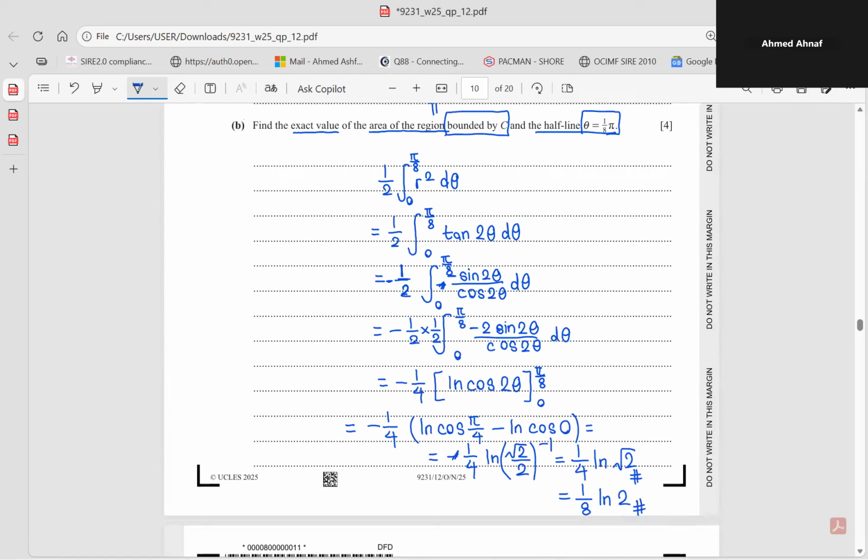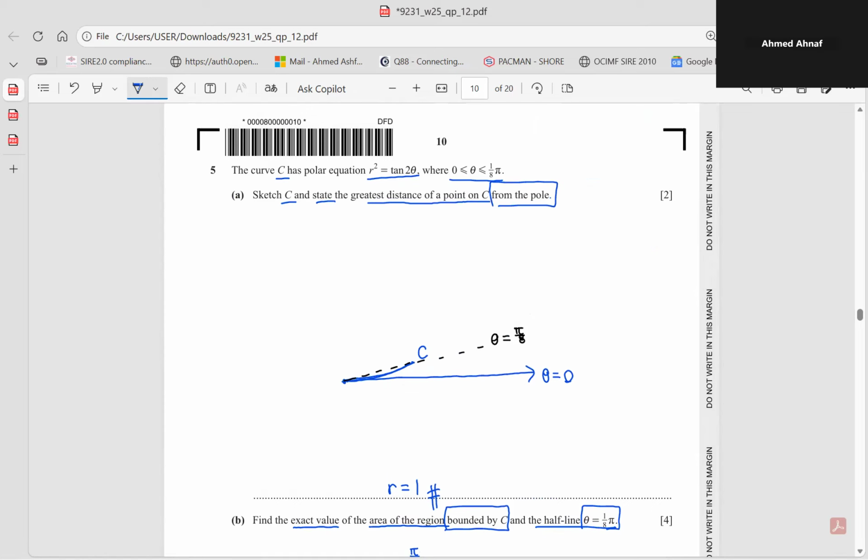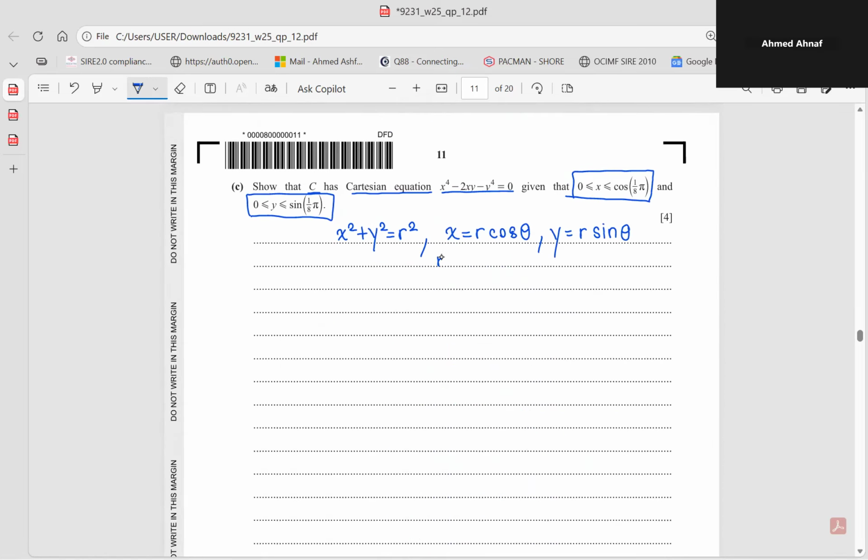Okay, so let's copy down our polar equation: r squared equals tangent 2 theta. Now, tangent 2 theta doesn't appear in any of our equations, so we have to express it in terms of tangent theta, where y over x equals tangent theta. So r squared is x squared plus y squared.